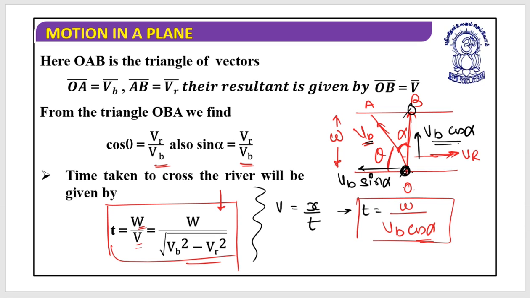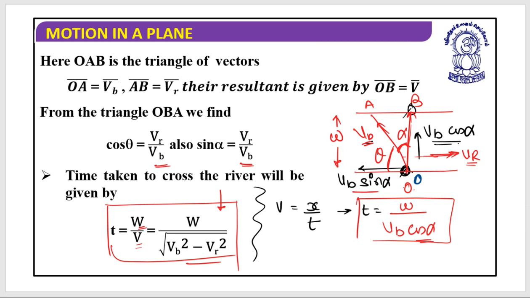One more thing I want to relate is that, look at this, this is VR, this is VB sin alpha, and what do you want? You are about to leave from this point, and you are going to be at this position, because you want the shortest path.